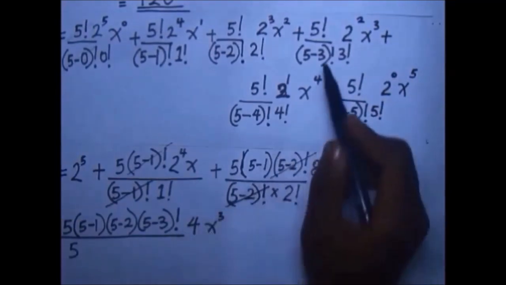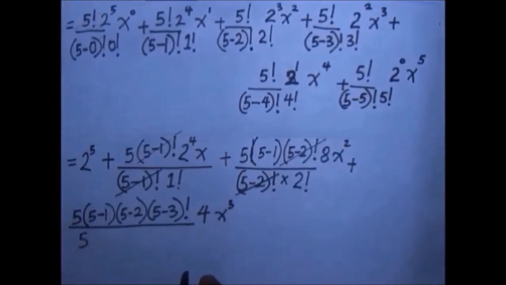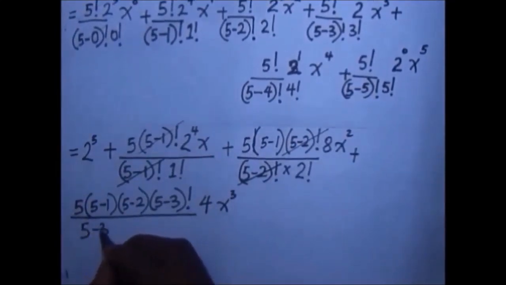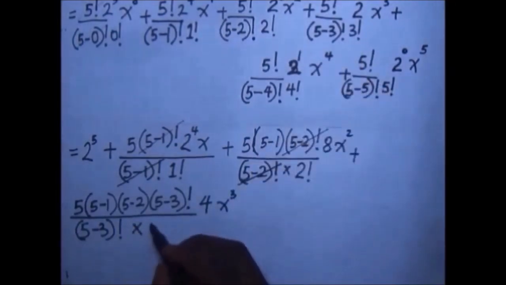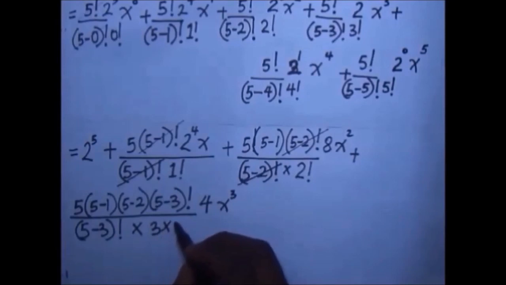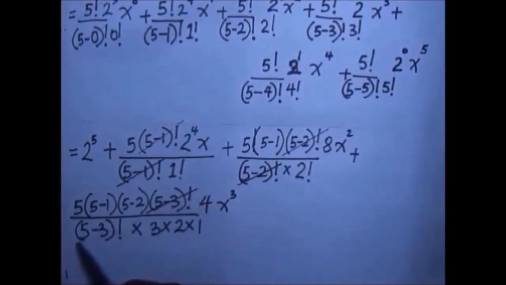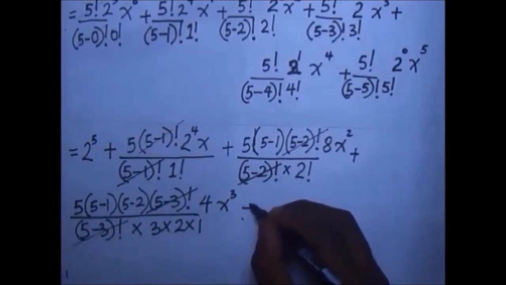Divide all that by 5 minus 3 factorial, multiply that by 3 factorial. 3 factorial is 3 times 2 times 1. So this 5 minus 3 cancels with that, and you remain with the rest.